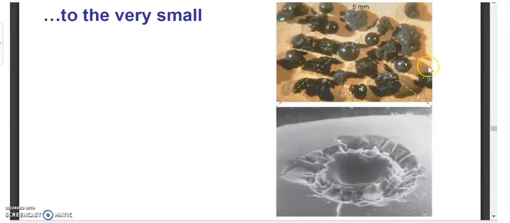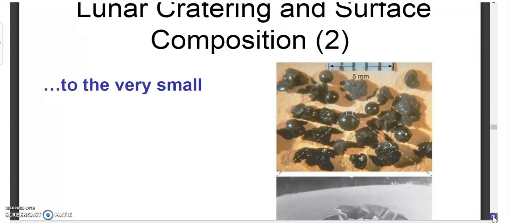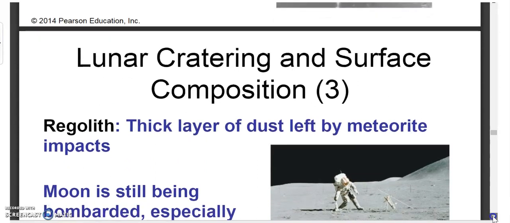So this is just showing you, after large impacts, you can create all sorts of material. We've even seen glass on the Earth caused by meteoroids hitting the Earth.